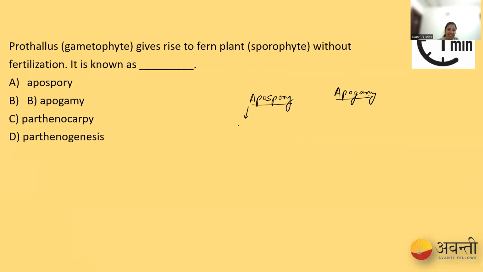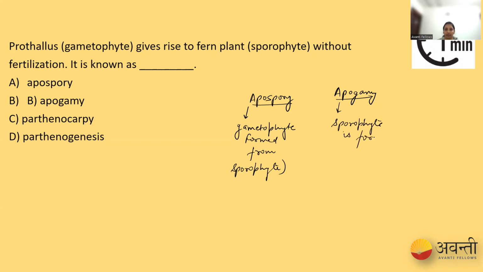In apospory, the gametophyte is formed from the sporophyte. Apogamy means the sporophyte is formed from the gametophyte. That means no fusion of gametes, no fertilization is taking place, because apo always means without.